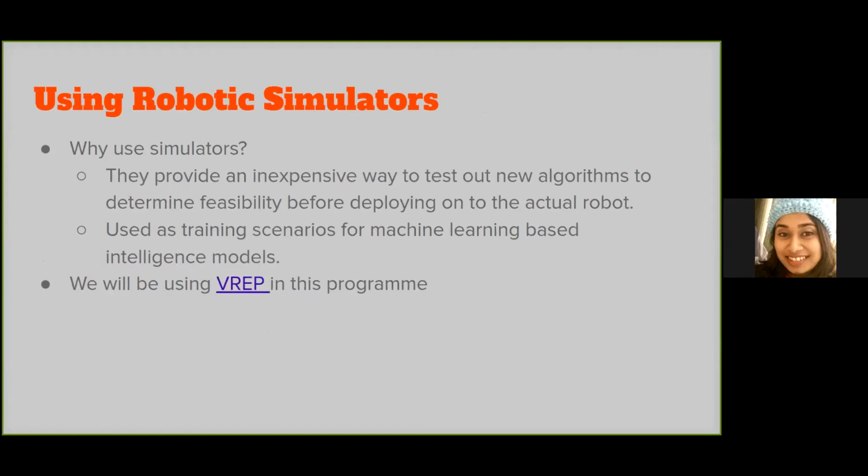You would not want to test your algorithm on the actual thing without knowing its complete behavior. Simulators provide an inexpensive way to test algorithms. You wouldn't want your robot to crash and fall, or your UAV to hit a wall right off the bat. So that is perhaps the key use of these simulators.